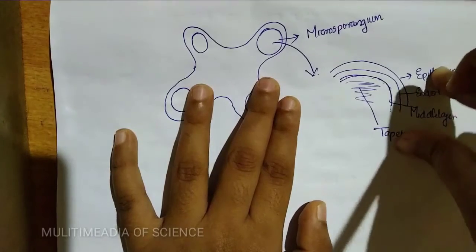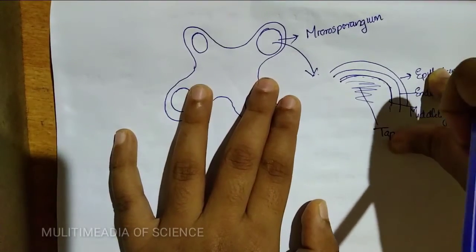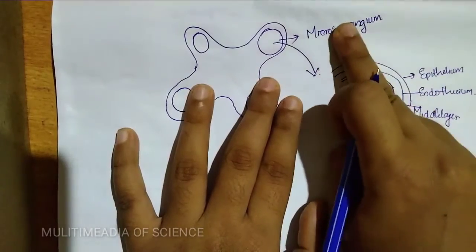These are the four wall layers present in the microsporangium.